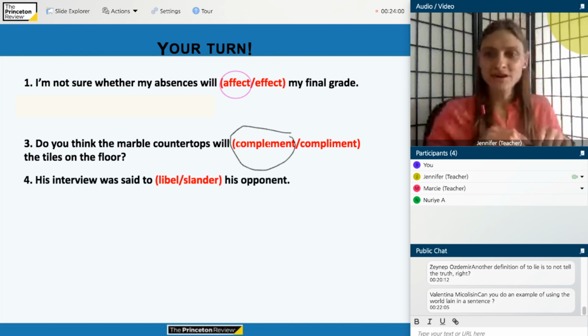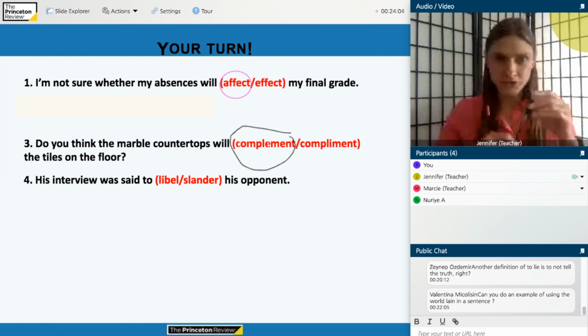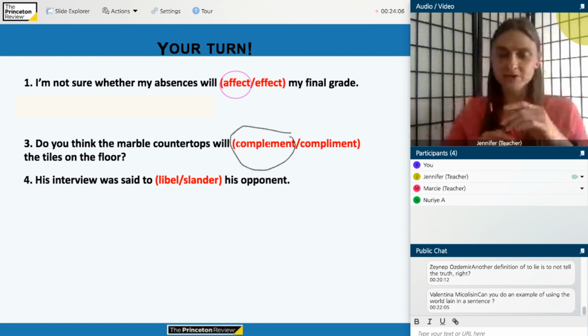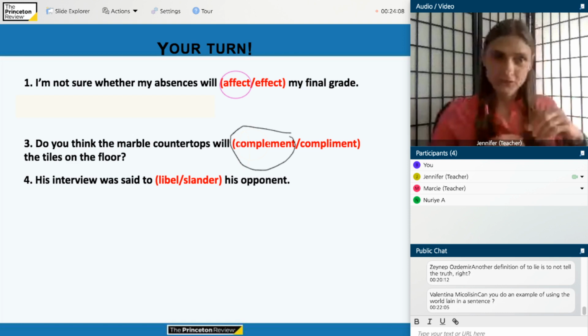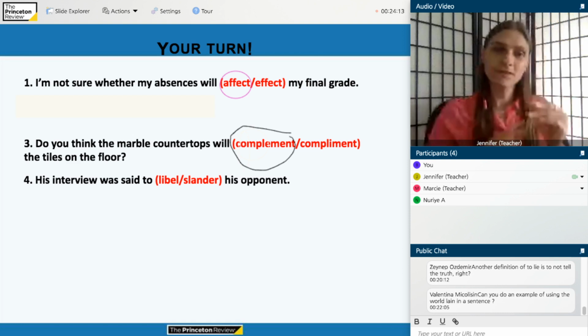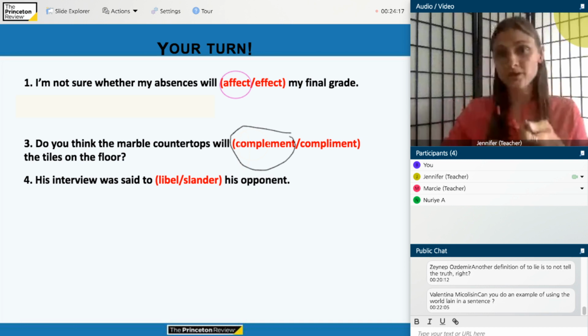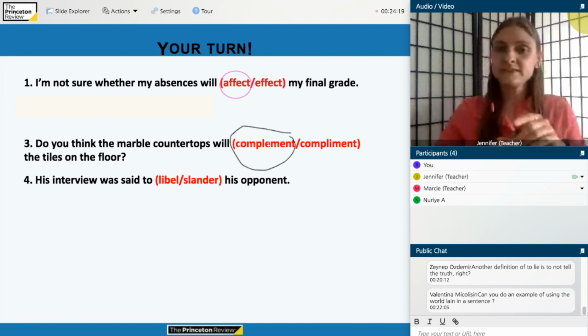Number 4, his interview was said to cause libel or slander to his opponent. So if it's an interview, what do you think this is going to be? This is a tricky one because this sentence doesn't actually tell us whether it was an interview that was typed out or spoken.